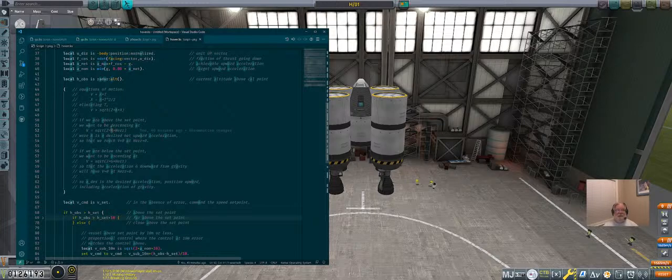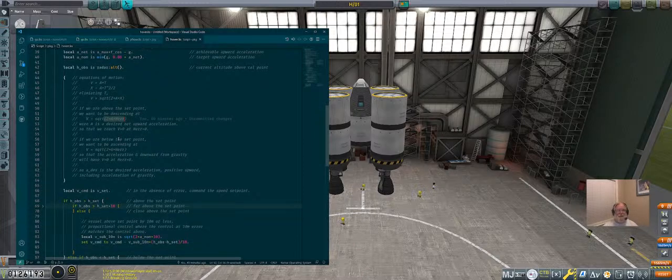So this acceleration that I can attain, that's what I want to be this a term inside this square root. And if I do that, then I should reach velocity 0 when my error does. My altitude error and my velocity error should come to 0 at the same time. So that's a nice smooth curve.